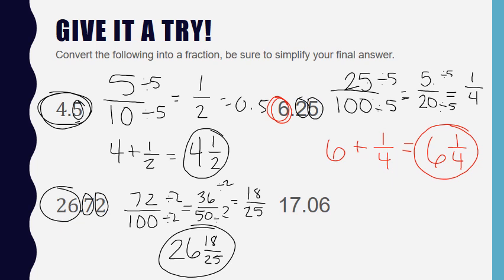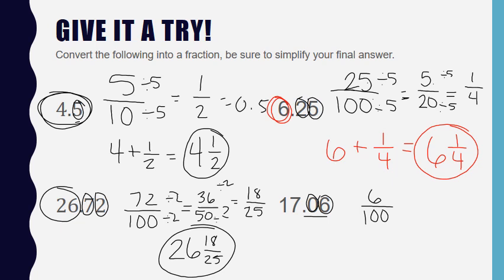All right, last one here, and this one's a trick one because it has that 0 in it. My numerator is the numbers after the decimal, but 06 is the same thing as just 6. Then my denominator is going to match the number of digits after the decimal. 2 digits, so 2 zeros.